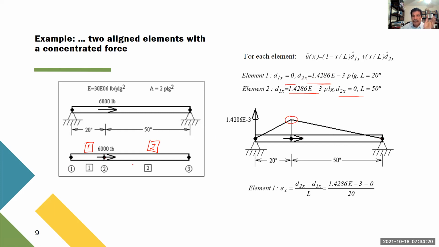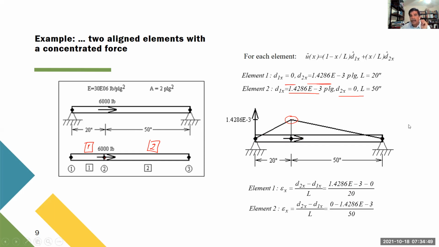Again, after we have solved, we have to go one element by one. So this is the strain: the displacements of both joints, the second minus the first, divided by the length. We see that this result is positive. So that means that we apply this force to the right, this element is in tension.